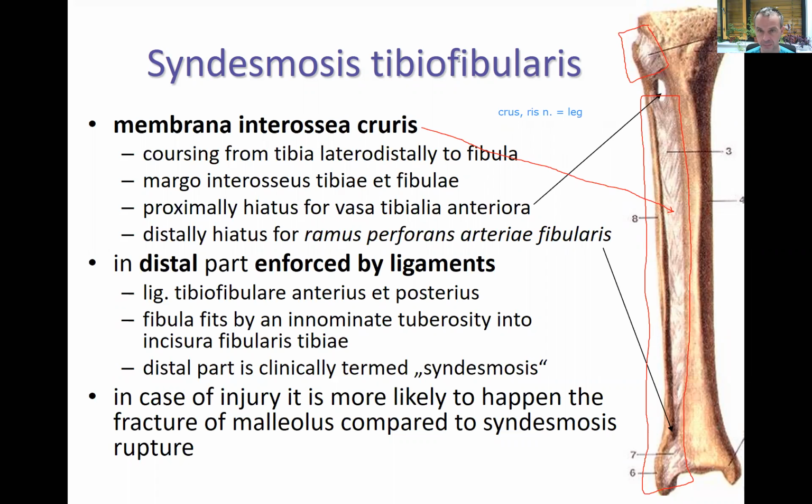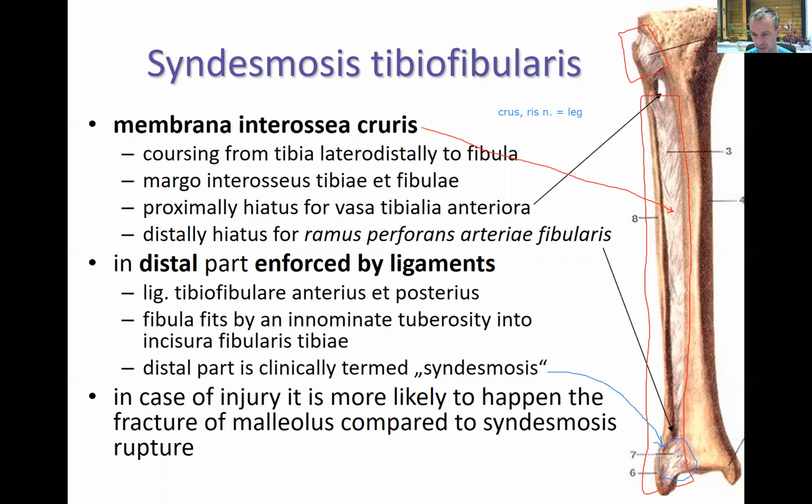And then we have another part, and that's a thickened fibrous joint, which we find here. And that's the real syndesmosis in clinics. And so when I come back to this membrane, it's a very thin, firm membrane between the bones, very similar to the interosseous membrane of the forearm.